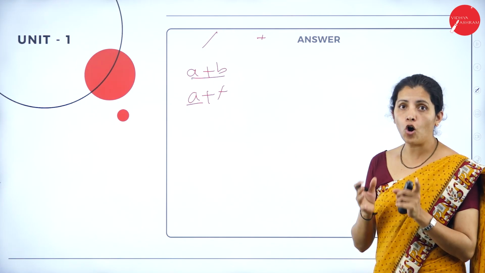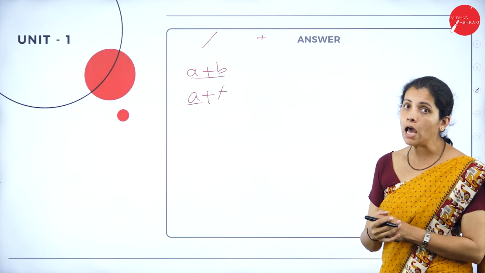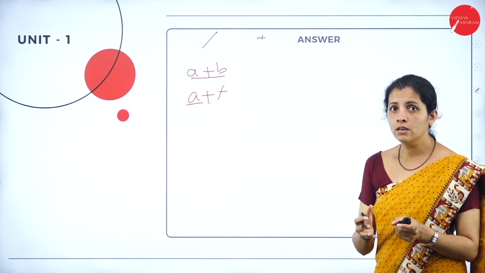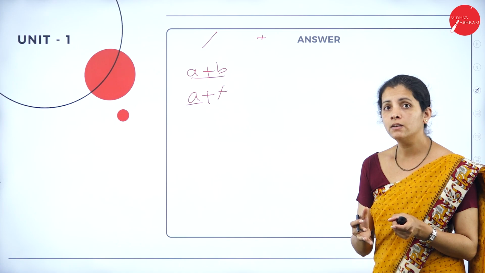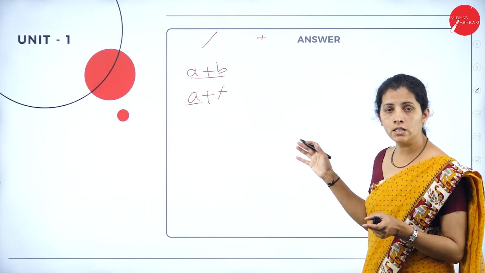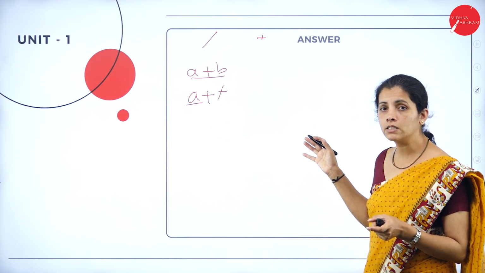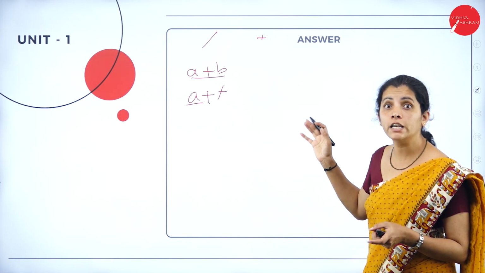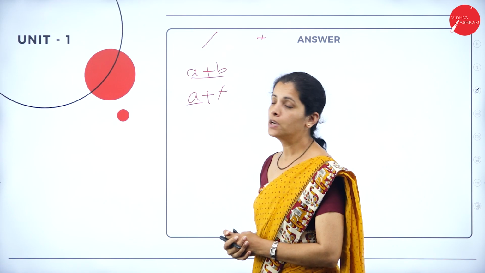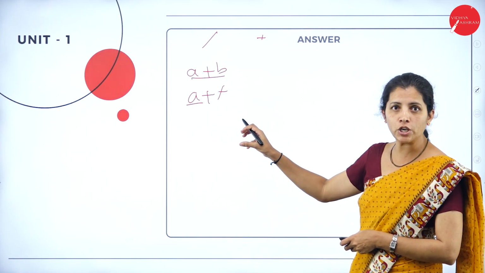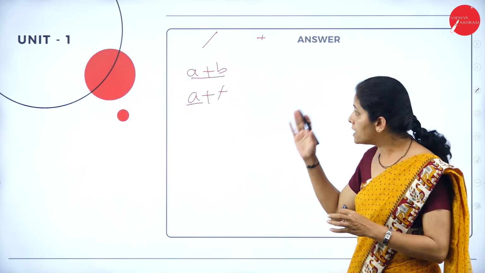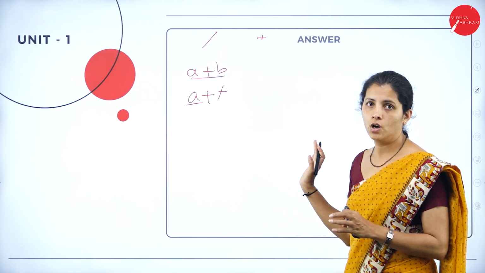And if I consider operators, operators are classified into arithmetic operators, relational operators, then logical operators, bitwise operators, and so on. Even I can have the conditional operators. So dear students, see the question and based on the question, answer the question.